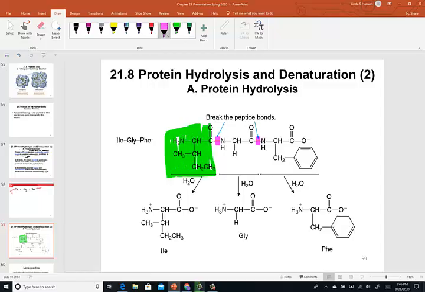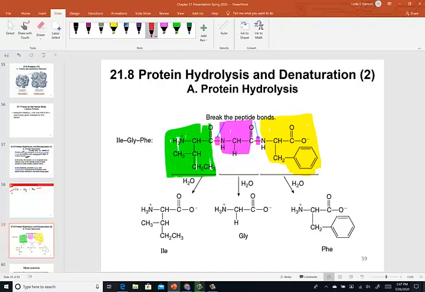Then the GLY, glycine, is everything I'm going to color code in pink. And the final amino acid, PHE, phenylalanine, that's everything that I've color coded in yellow. So 3 separate amino acids.